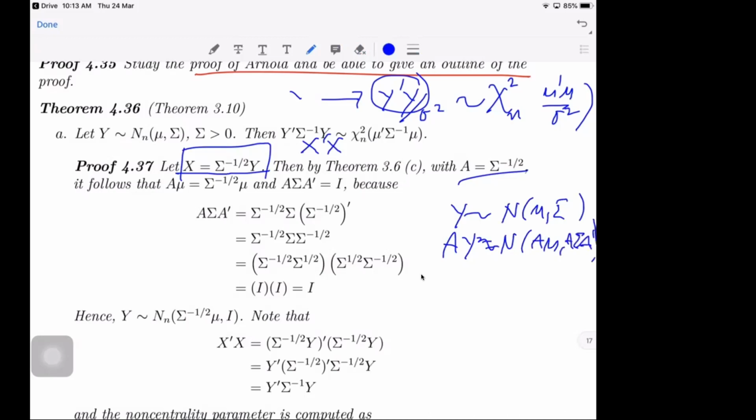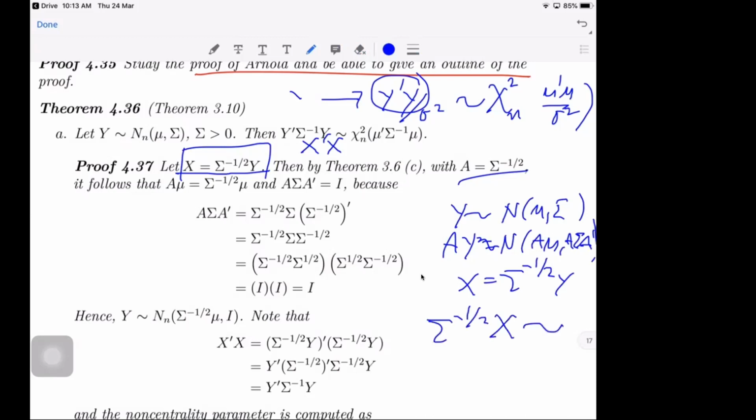So that is the distribution. So our x is equal to sigma inverse y, which we transform as sigma raised to the negative 1/2 x.